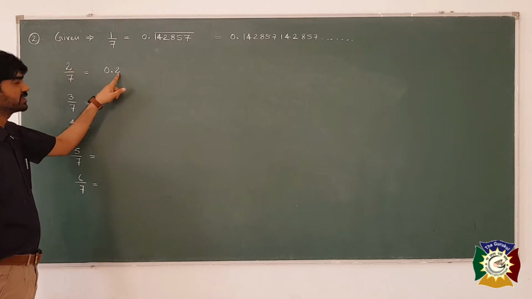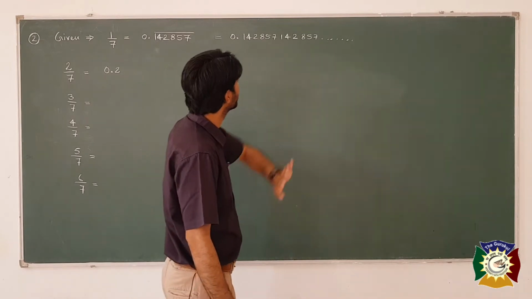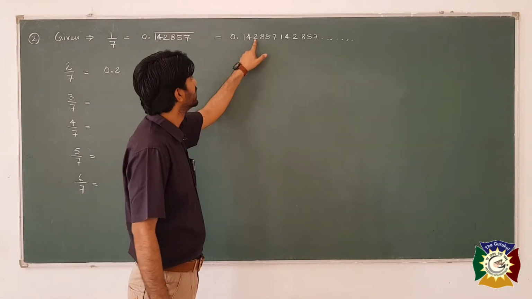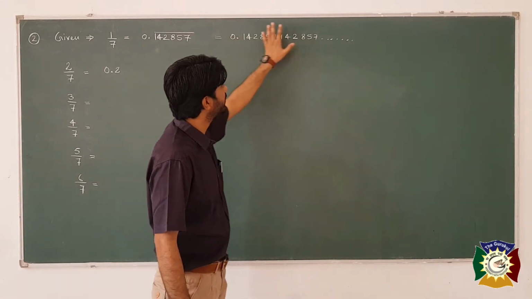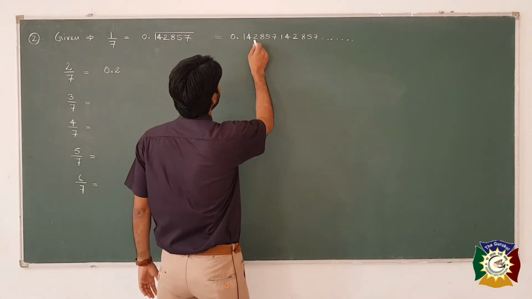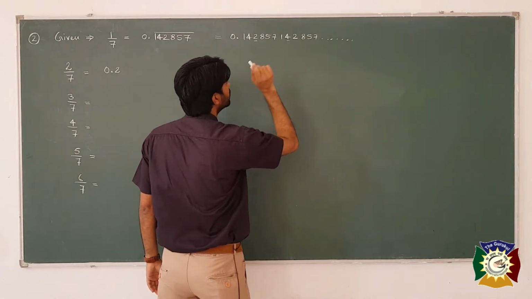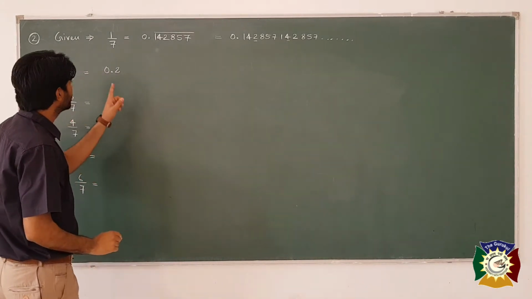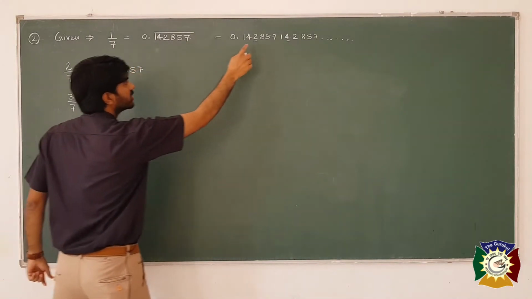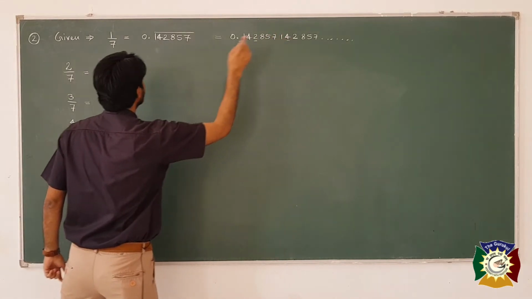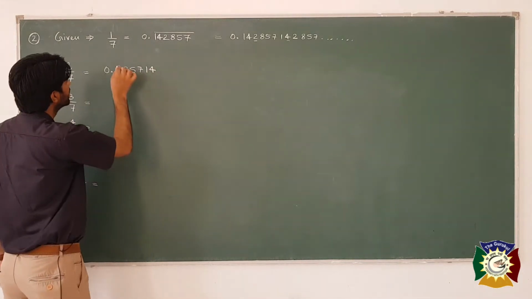Now look at this pattern. 2, then 8, 5, 7, 1, 4, again 2. We just have to follow the pattern from here. So we are starting from 2 and we will end before 2. So it will be 2, 8, 5, 7, 1, 4. All 6 digits are there. Then bar on that.